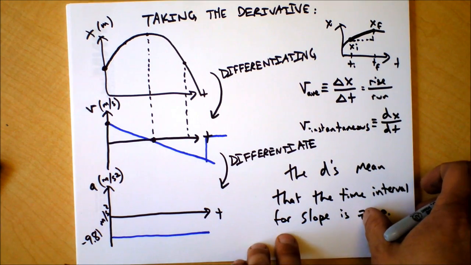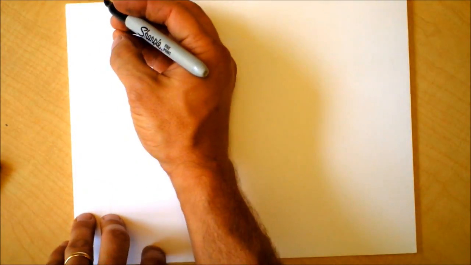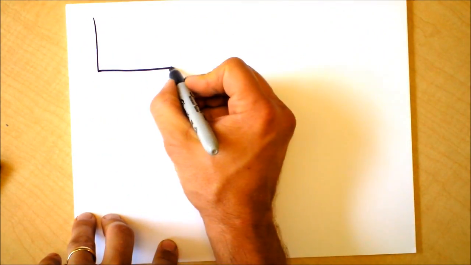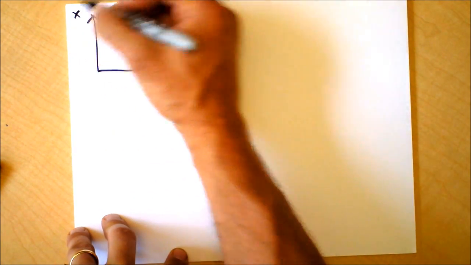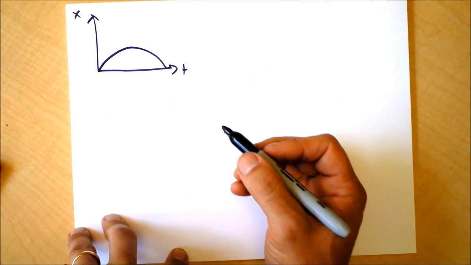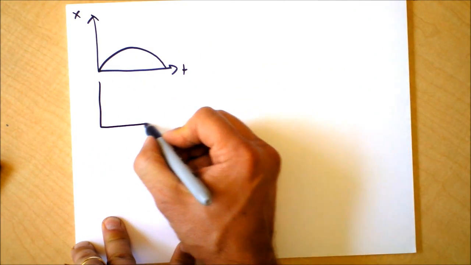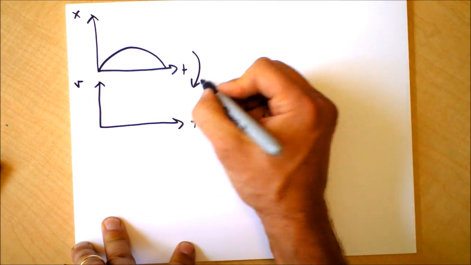So let's go through another of these derivatives. This time the pig is being launched from the ground level, and we'll find that it's actually very similar. Pig being launched from ground level goes up, comes back down, and if we differentiate this, we're going to find velocity as a function of time.